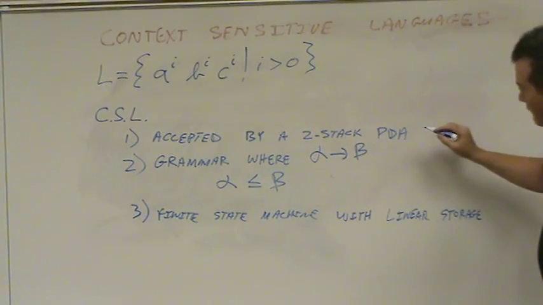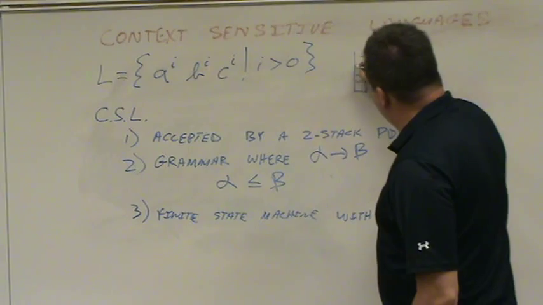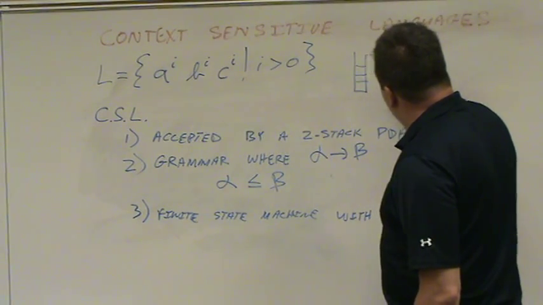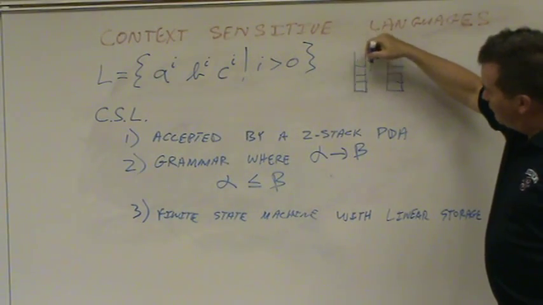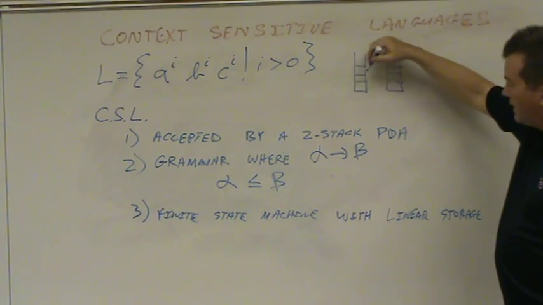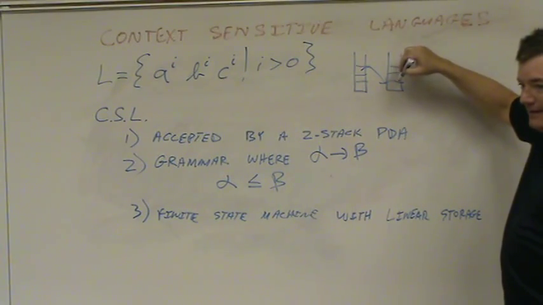Now, if you think about it, suppose you had 2 stacks to work with. You could push stuff onto one stack, pop stuff, or push and pop onto a stack, and you could take stuff from one stack and push it onto another stack, right?